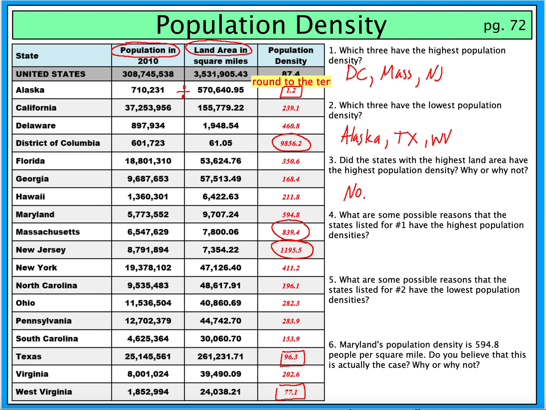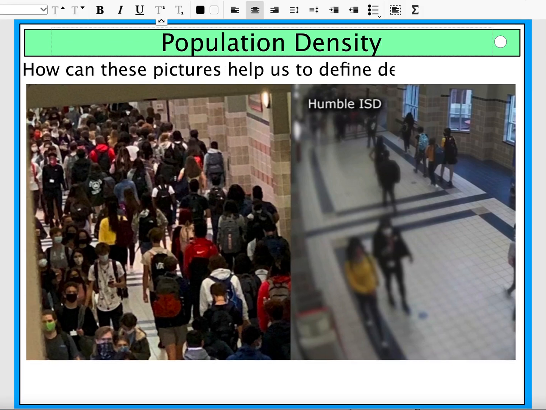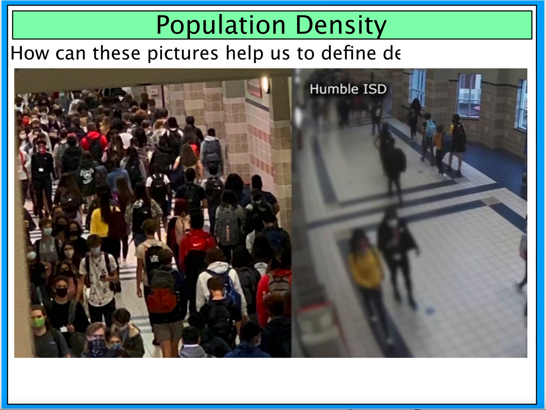All right. So that's population density. It's a lot of talk about just basically dividing population by land area. So you can kind of see what the difference is with population density. So if I look at a high school hallway, when students get out of class, this is a very dense population.